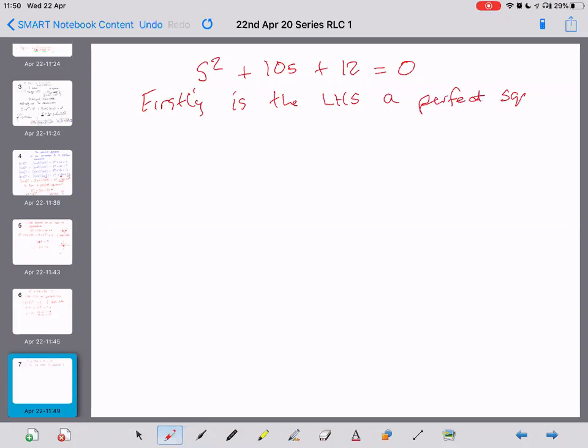No. If we just consider the bit that says s squared plus 10s, could we write a perfect square that would satisfy that? Forget about the constant on the end for a minute.